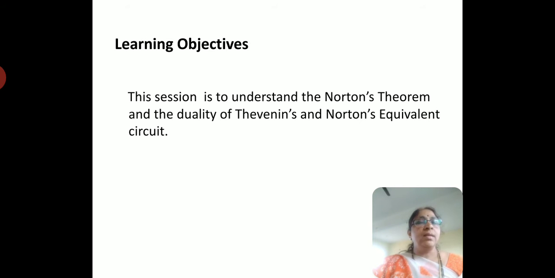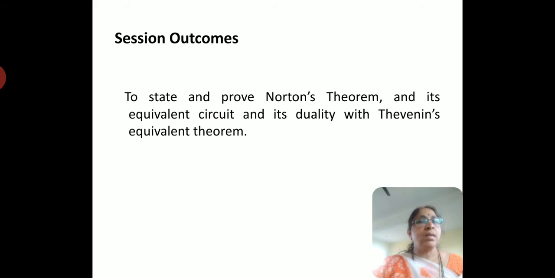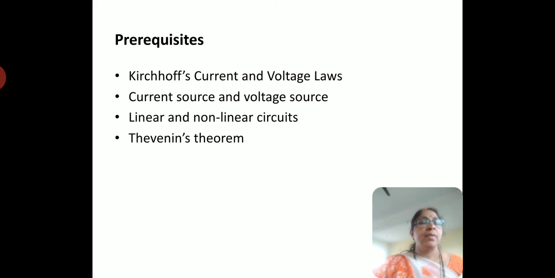The learning objective of this session is to understand Norton's theorem and the duality of Thevenin's and Norton's equivalent circuit. The session outcome is to state and prove Norton's theorem and its equivalent circuit and its duality with the Thevenin equivalent theorem.